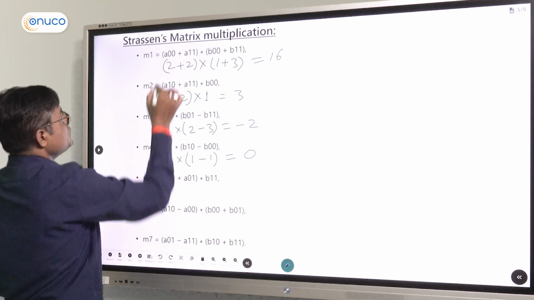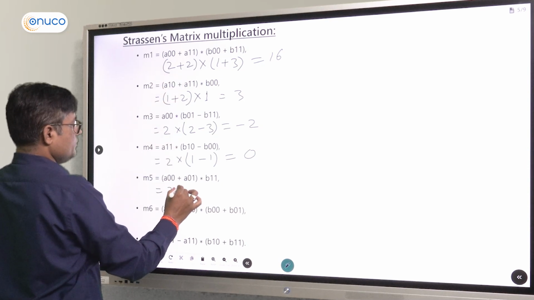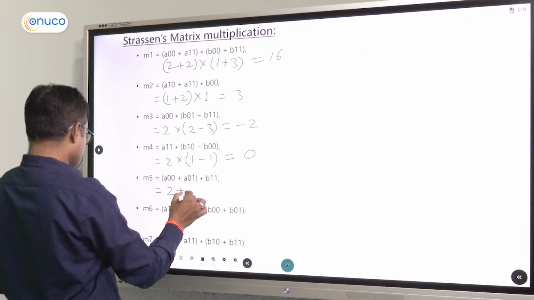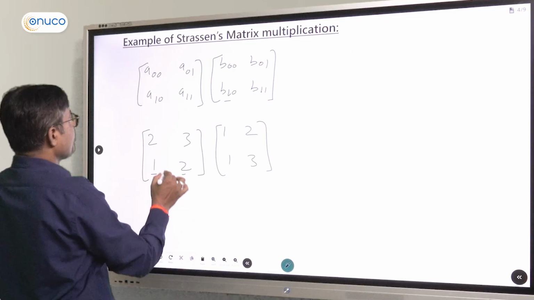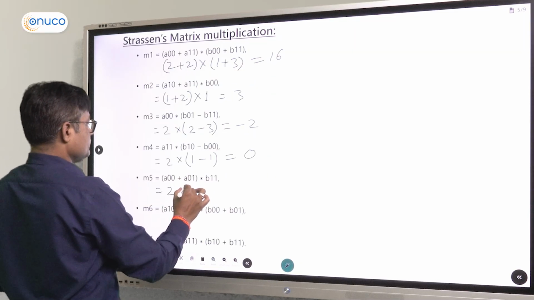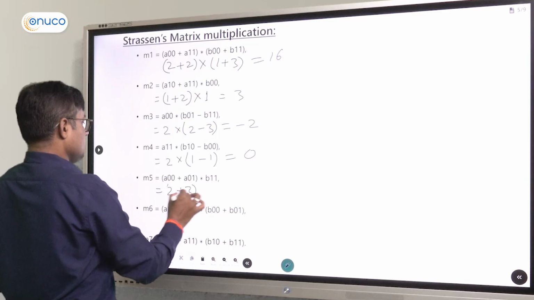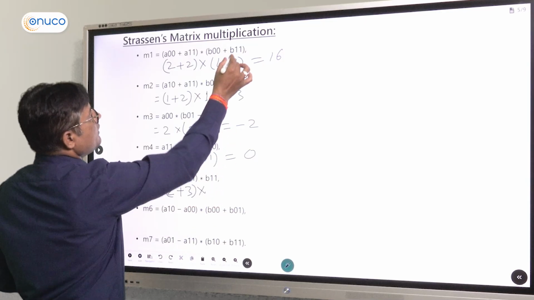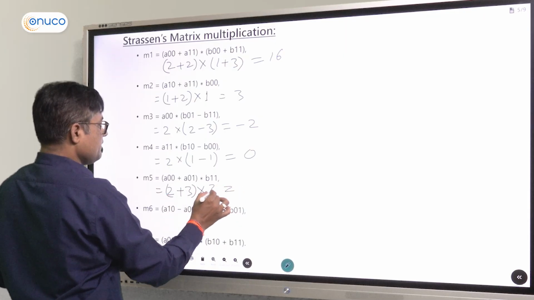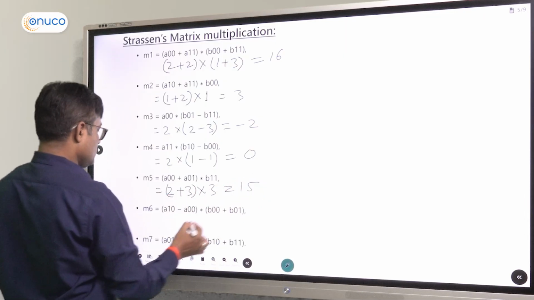Now M5 is A00, which is 2, plus A01. A01 is 3, multiplied by B11, which was 3. So 2 plus 3 is 5, 5 times 3 is 15. You got it.